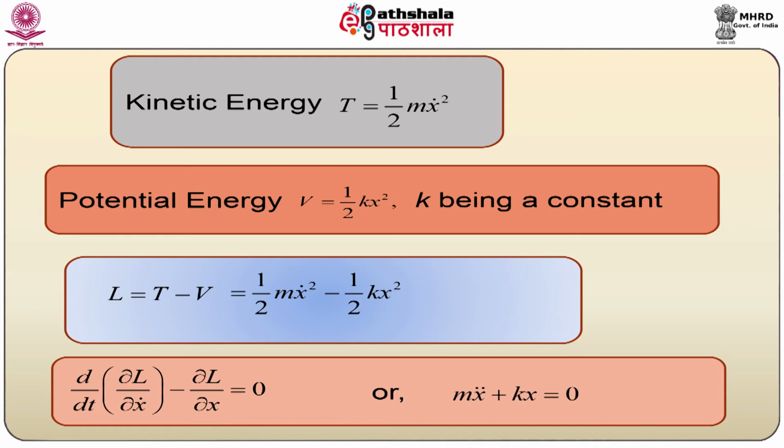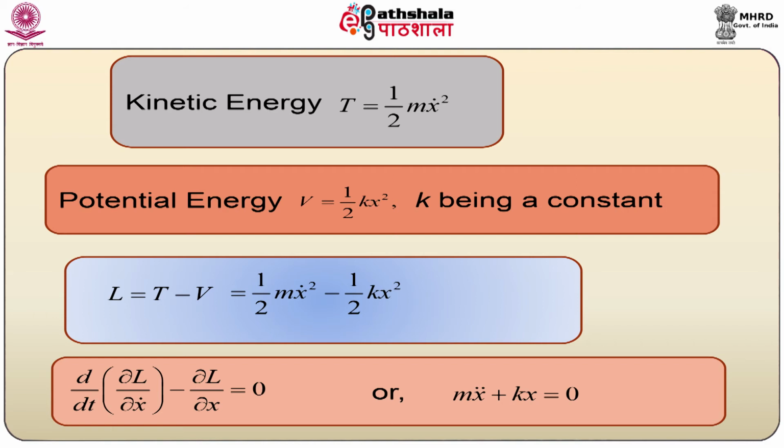Here x is the only generalized coordinate, so the corresponding Lagrange's equation is given by d/dt of ∂L/∂ẋ minus ∂L/∂x equal to 0. Calculating ∂L/∂x and ∂L/∂ẋ and substituting here, we get m ẍ plus k x equal to 0.